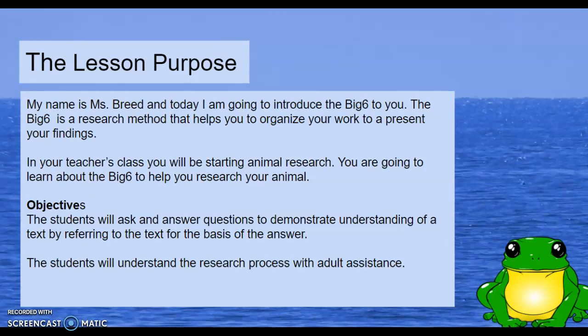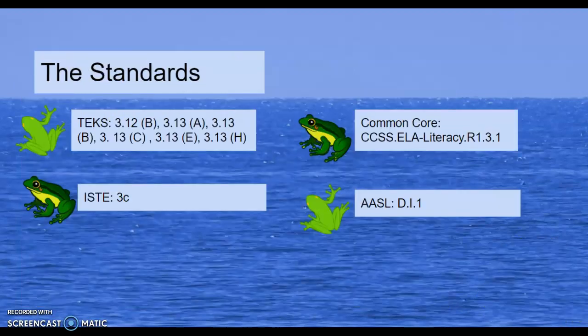to understand our research. So our standards that are going to support our objectives are our TEKS on research. These are going to include citing our sources, presenting our information, looking up a topic, and finding our research. Our Common Core TEK is to ask and answer questions and demonstrate understanding by referring explicitly to the text as the basis for that. So that means we're using our text evidence.